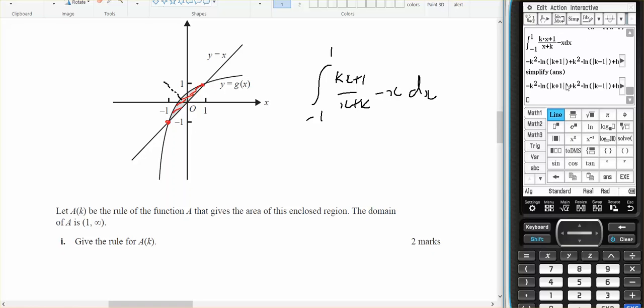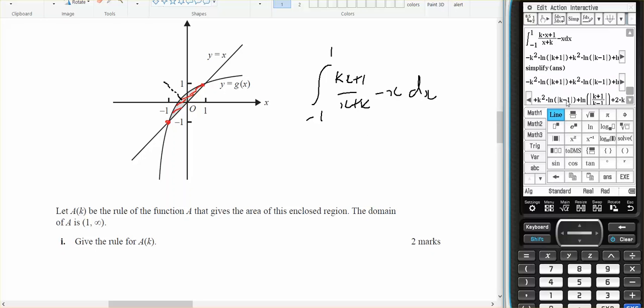Simplify the answer. I know that this will be positive because k is bigger than 1, and that will be positive. So I'm going to put that into a new line, cut that, get rid of the modulus sign, and then paste. I'll do the same here.